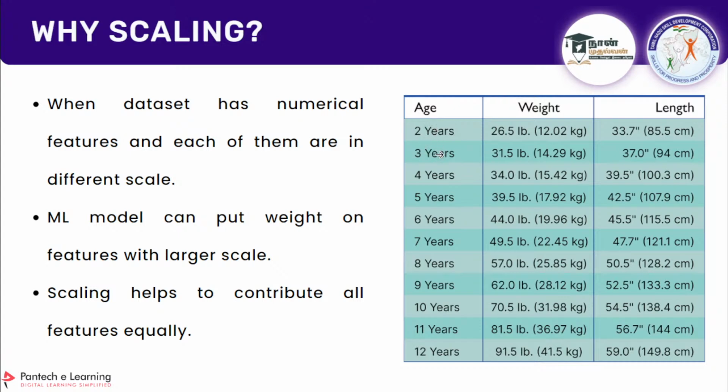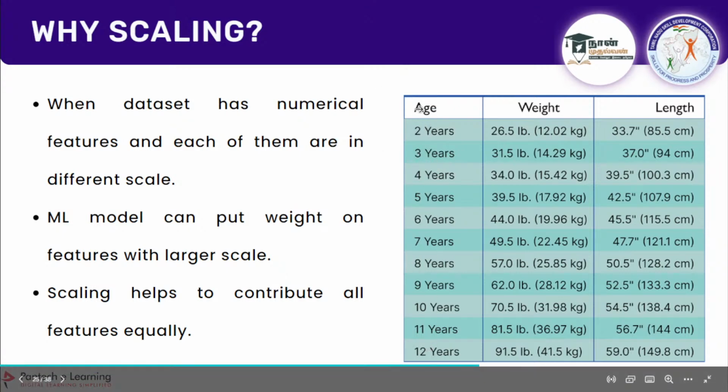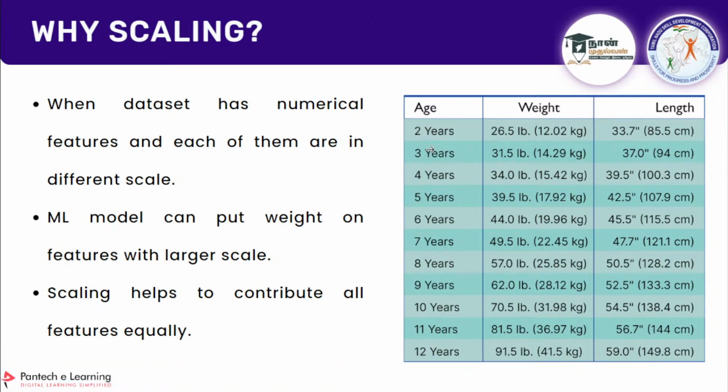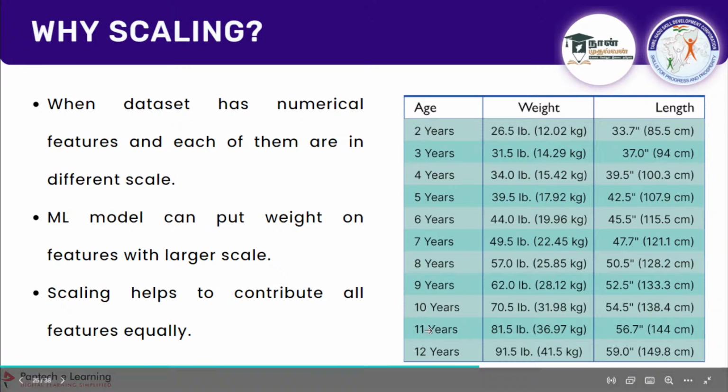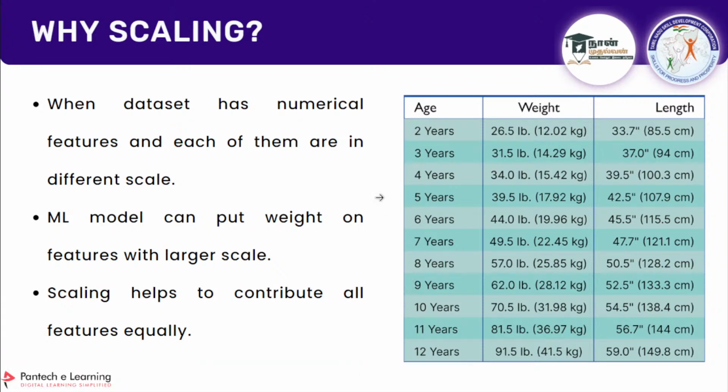Then it takes this one, subtracts the mean, divides by the standard deviation and places it here. Like that it does all these tasks. Once you complete it, if you check the mean value, all these columns will have a mean value of 0, and if you check the standard deviation, it is going to be 1.